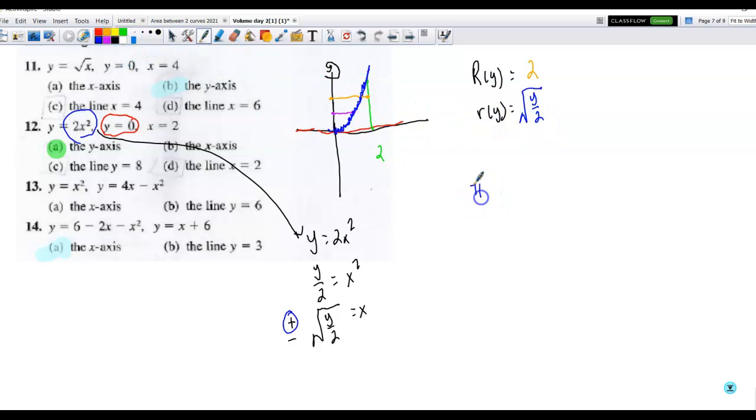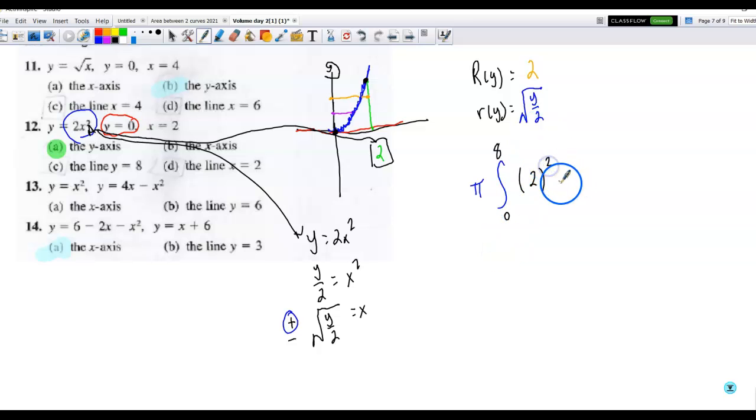So we have pi on the outside for both circles. If you look at the region, the lowest y value is a y value of 0. The highest y value is here. So just like before, I'm going to have to substitute into this equation to get the corresponding y value. 2 squared is 4 times 2 is 8, so we have an upper y value of 8.